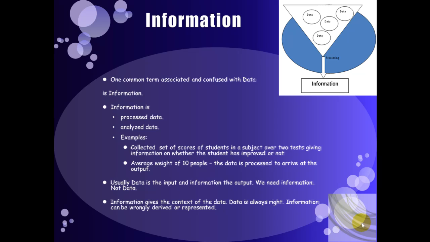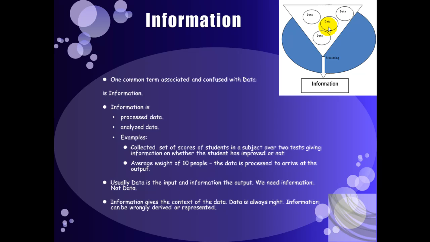Now, for data to be meaningful, it needs to be analyzed or processed. Information is processed data. Information is analyzed data. The diagram shows that we have to do some processing here so that the data can be meaningful. Now, what are examples of information?